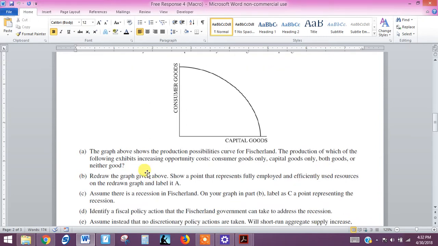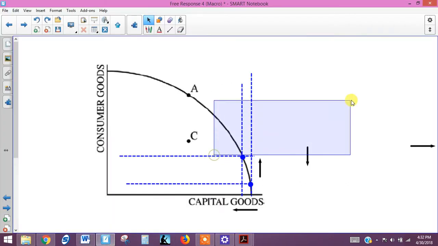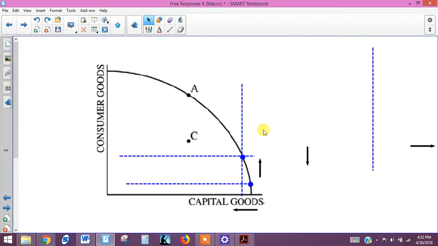Okay, now B is asking us to redraw the graph up here and show a point that represents fully employed and efficiently used resources on the redrawn graph and label it A. Well, that's easy, right? We just have a point anywhere.